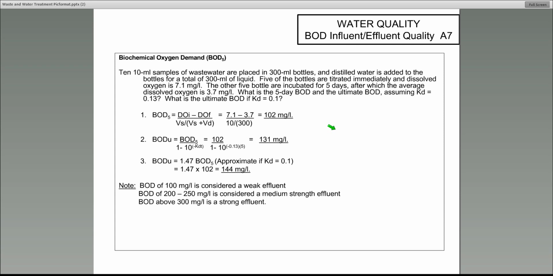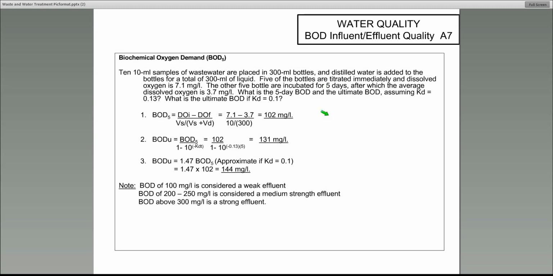And then you're going to take 5 of the bottles and immediately sample them for dissolved oxygen. You take the other 5 bottles and they're incubated for 5 days at a little bit warmer temperature, and they're gently shaken periodically. And this is why it's called BOD5, because the samples are incubated for a 5-day period.